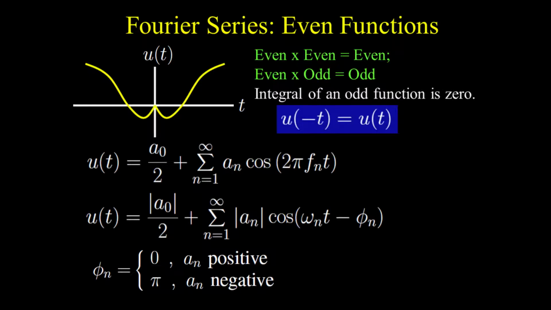If u(t) is even, the function u(t) sine omega n t is odd, because it is a product of even and odd functions. And the function u(t) cosine omega n t is even because the product of two even functions is an even function. So in the special case where u(t) is an even function, lowercase bn equals 0.